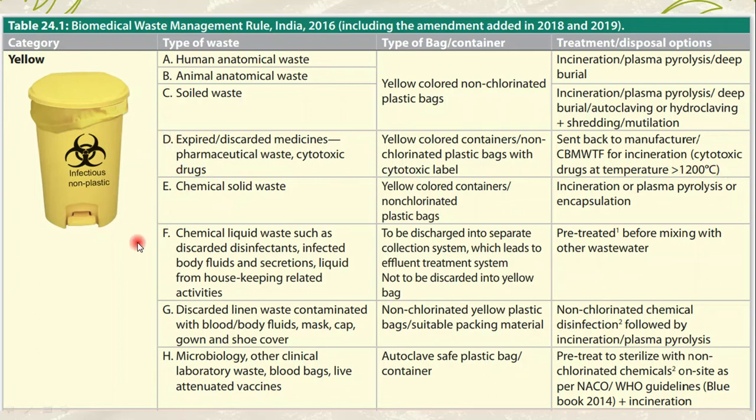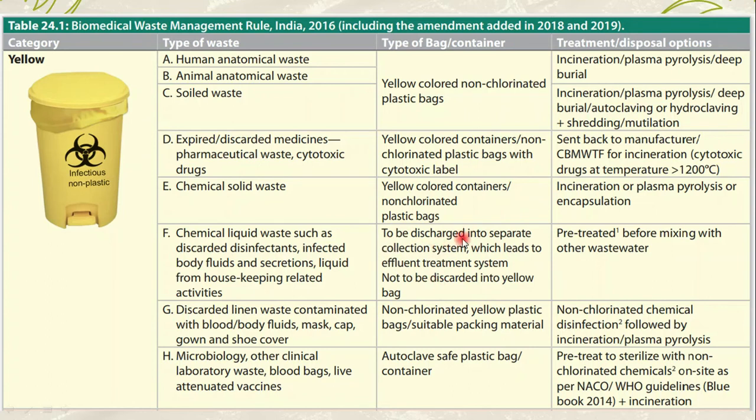Another thing which is to be discarded in the yellow colored dustbin is chemical soiled waste. These are treated with incineration or plasma pyrolysis or encapsulation. All these methods will be discussed after a few minutes. Now you have to remember one thing, that chemical liquid waste such as discarded disinfectants, infected body fluids and secretions, and liquid from housekeeping related activities are not to be discarded in the yellow dustbin.